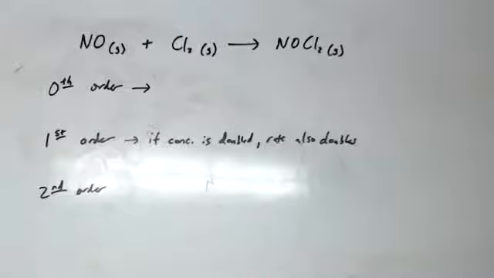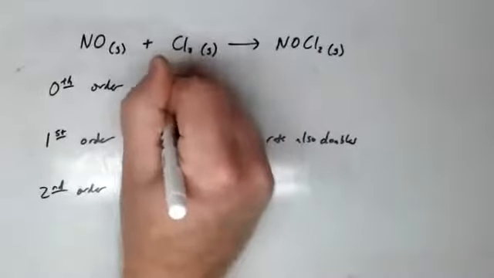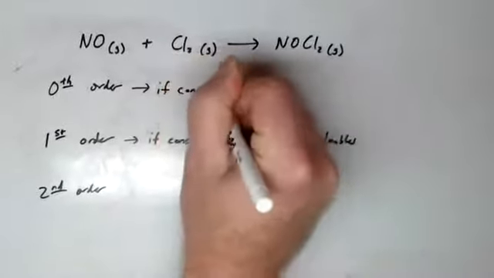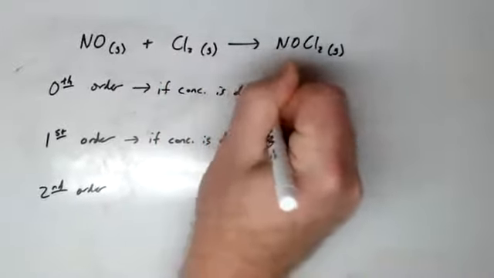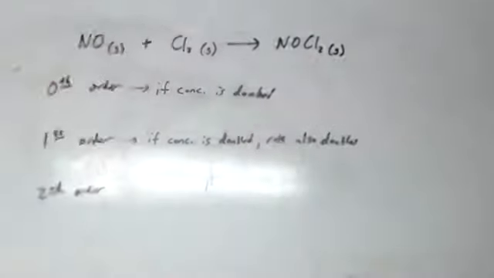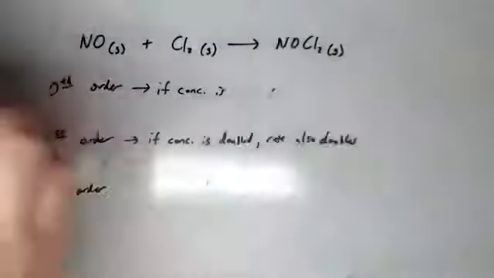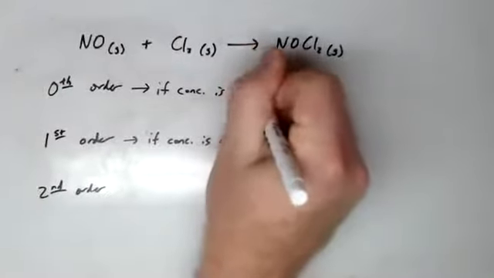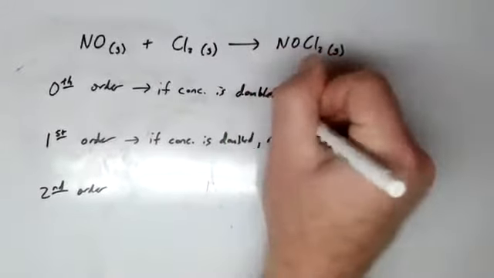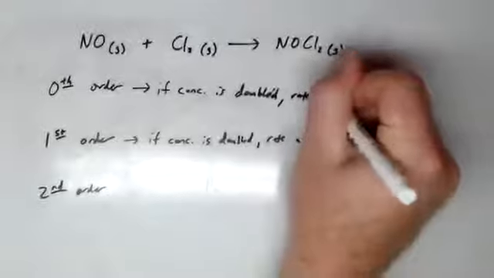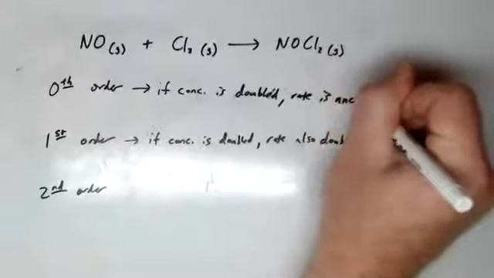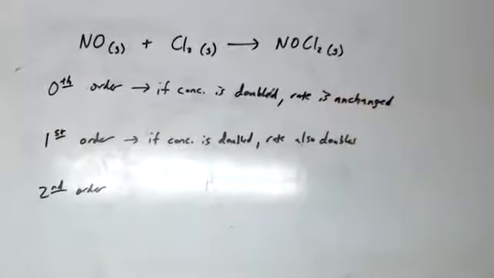So it is possible to have what is called a 0th order reactant. And in that case, if concentration is doubled, good thing this isn't a spelling class. So in a 0th order reactant, if the concentration is doubled, the rate is going to be unchanged.